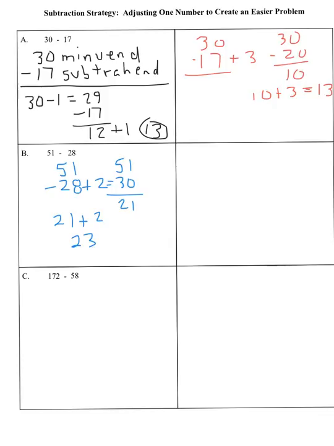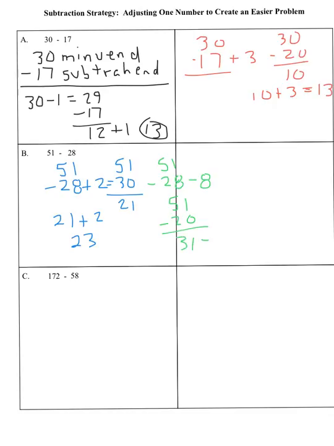Now, the other thing you could have done is say you have 51 lose 28, and what if you subtracted 8 to make that a friendlier number? So you would have 51 lose 20. That would be a difference of 31.